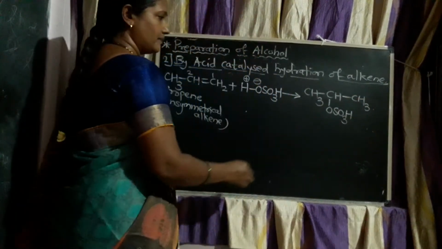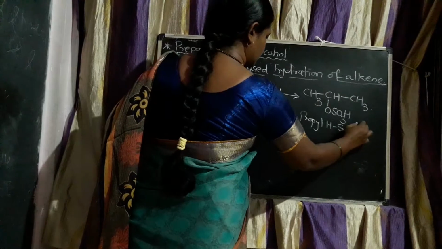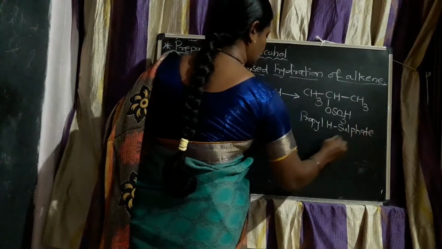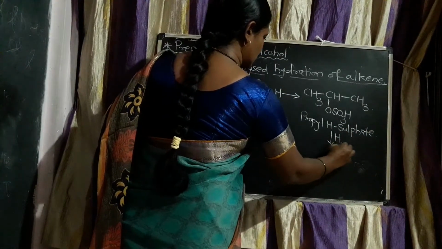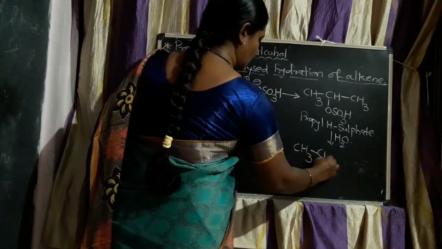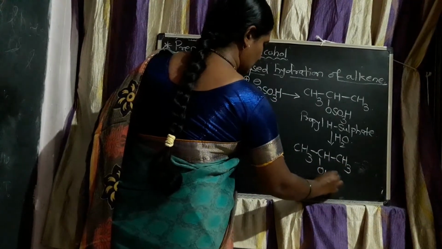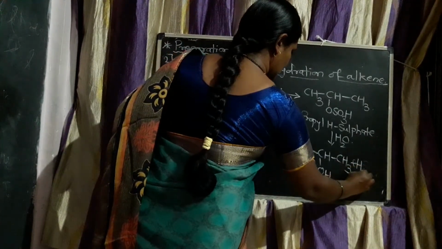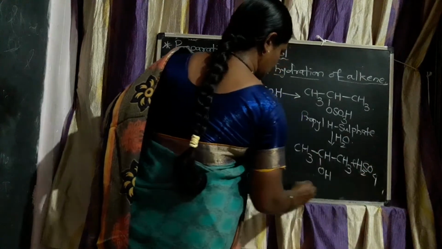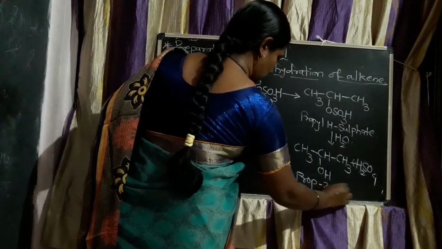Now this is the propyl hydrogen sulfate. Now this on hydrolysis forms the alcohol, prop-2-ol.